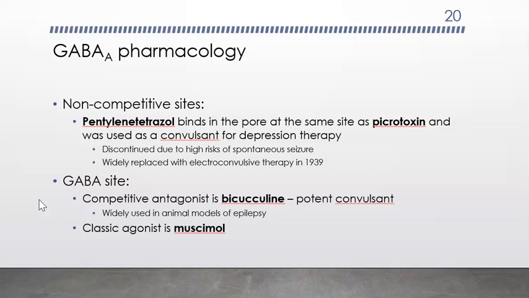So we use both bicuculline and muscimol to see, is it a GABAergic neuron, and then we use other drugs to see if maybe it's a glutamatergic neuron. So that's how I've used it. But we can also use it for epilepsy. So these drugs can be used for epilepsy experiments or just trying to figure out the types of neurons involved.